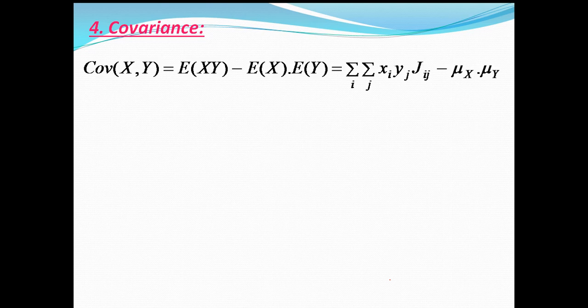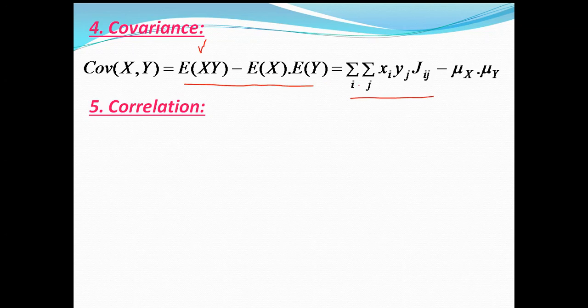If X and Y are random variables having means mu x and mu y, then the covariance of X and Y, denoted by Cov(X, Y), is equal to E(XY) minus E(X) into E(Y), where E(XY) can be found using the formula summation over i, summation over j of xi yj fij, with i equal to 1 to m and j equal to 1 to n.